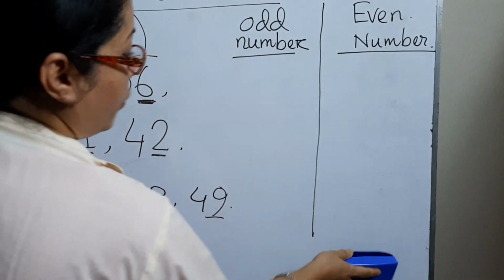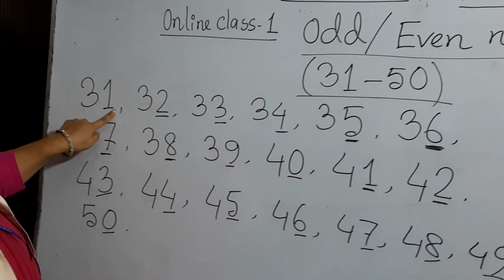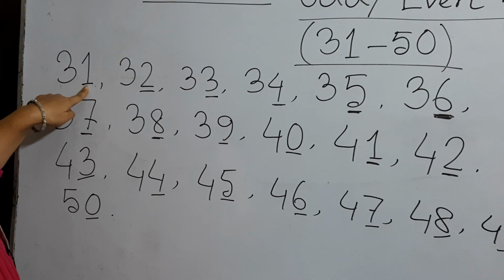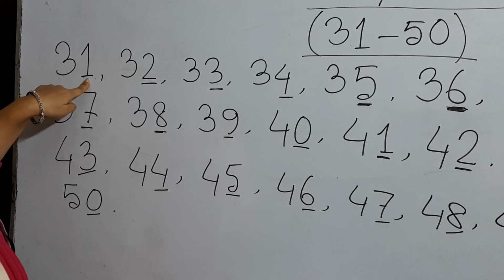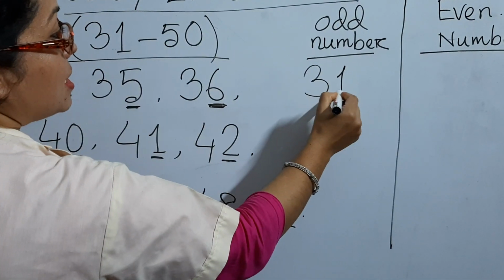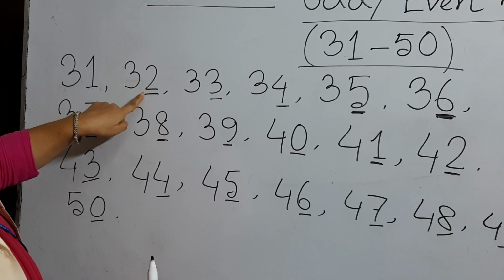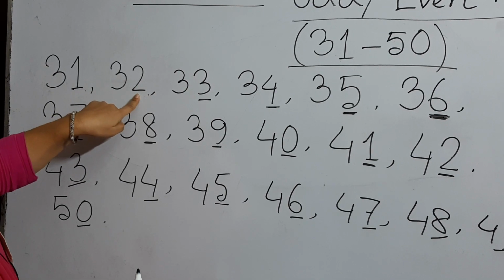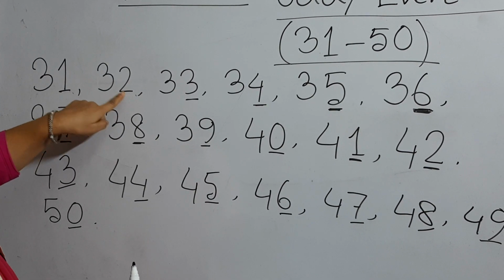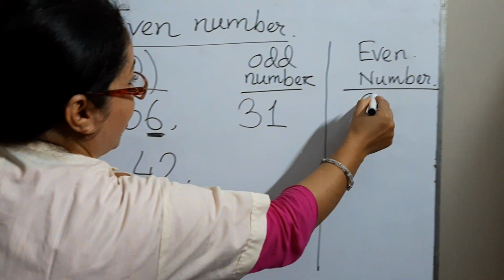So I am writing here. Look, dear students. 31: the last digit is 1, so this is an odd number. Then 32: the last digit is 2, so 32 is an even number.